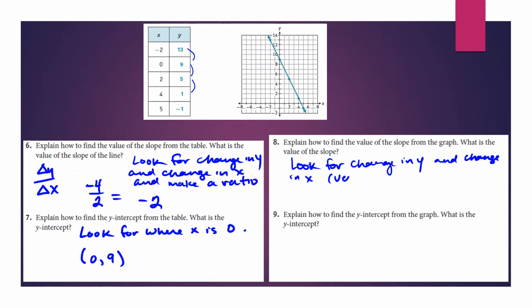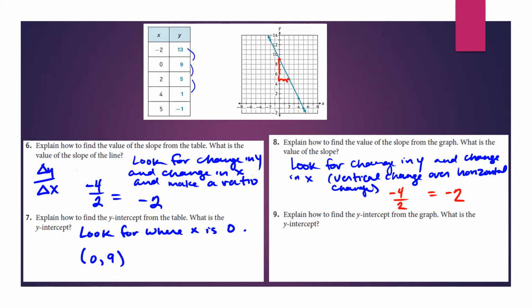So we'll put vertical change over horizontal change. So this one, like let's say from here to here, it has a vertical change of 1, 2, 3, 4 negative, because it was going down, -4, and it went over 2 positive, so it would be -2.